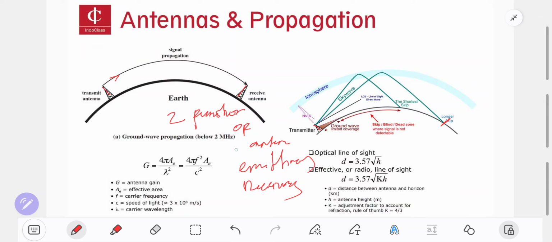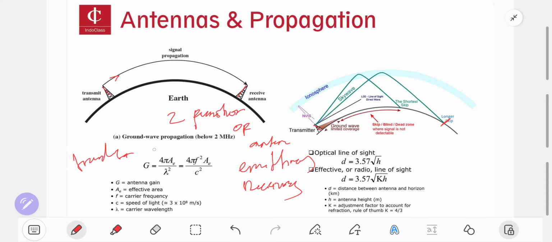Or we can see antenna as a transducer. You have known antenna for emitting signal, and you also have known antenna for receiving.